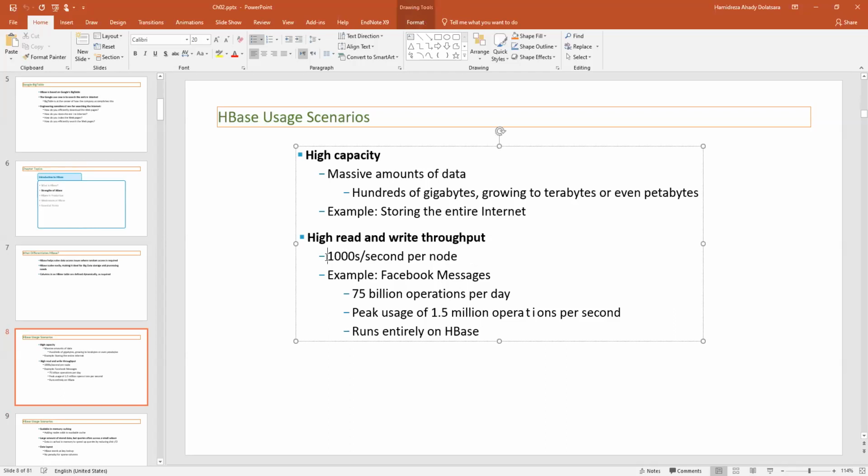And you can run thousands of operations per second, like Facebook messages. Facebook is over the Hadoop ecosystem. They have 75 billion operations per day. At peak, they have 1 million operations per second. And all of the Facebook data sets are managed over the HBase NoSQL data set.